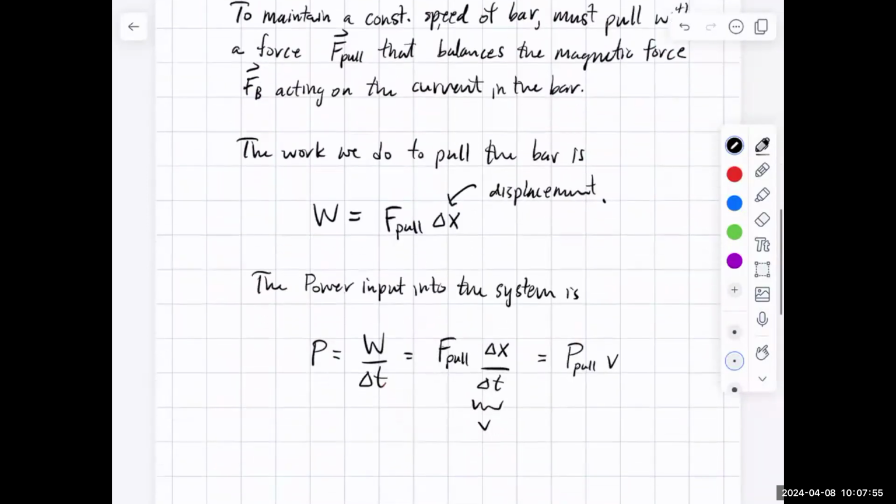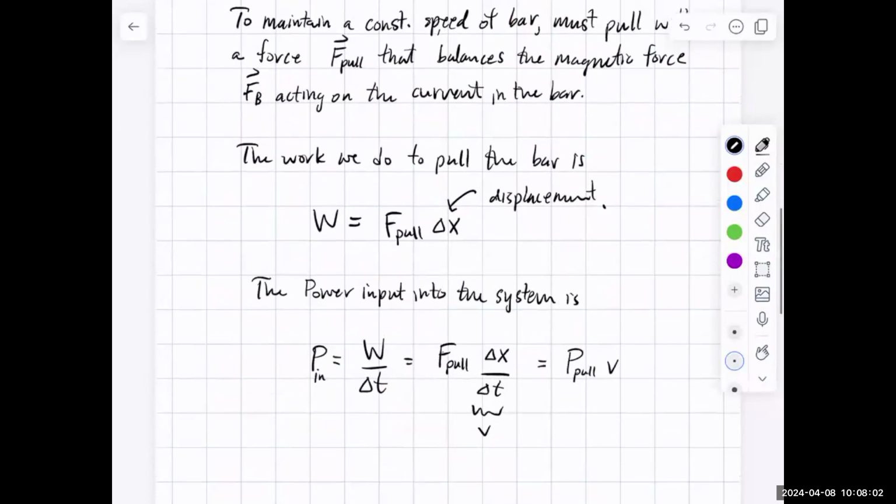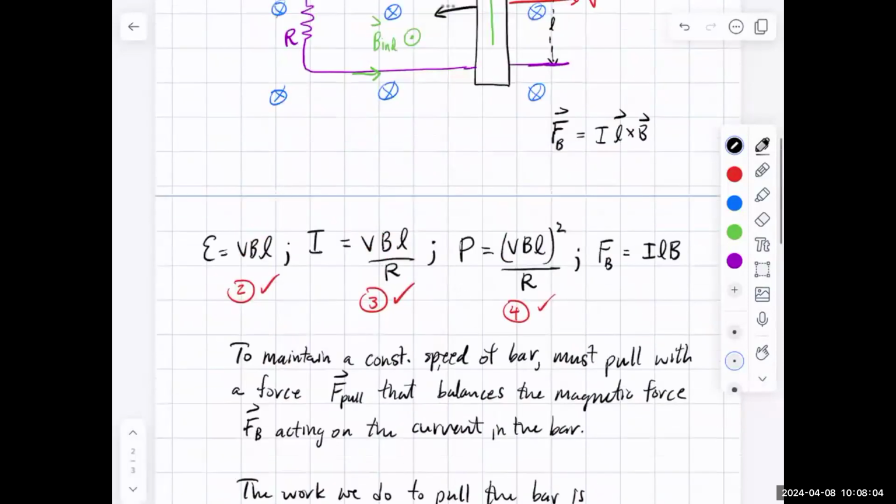Now I should be careful. Let's call this the power in, and this is going to be the dissipated power by our resistor. And so I'm going to compare in the end how much power we put in to how much power gets dissipated by the resistor.